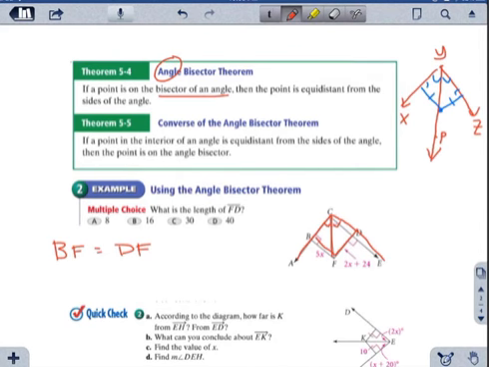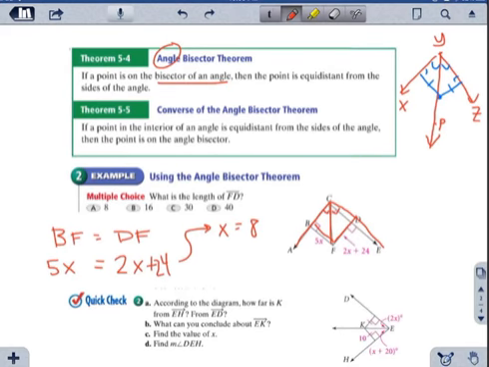Now in this case I have to do a little bit of algebra, because I'm given BF only in algebraic terms. I'm given BF is equal to 5x, so I'll substitute that in, and I'm told that DF equals 2x plus 24. Now we can do a little bit of algebra there, and you conclude that x has a value of 8.